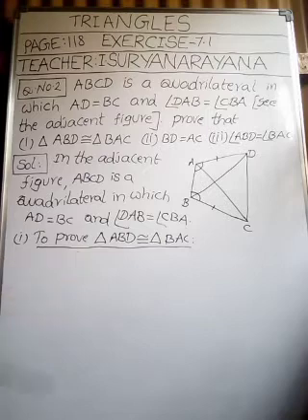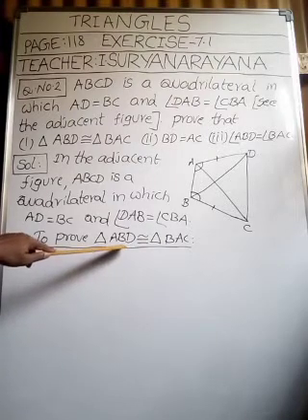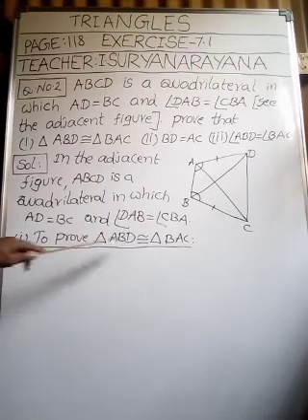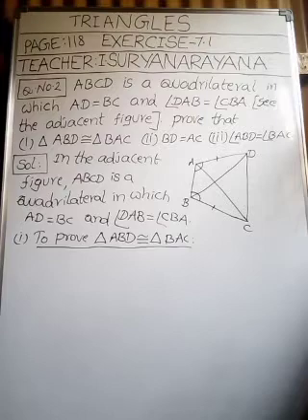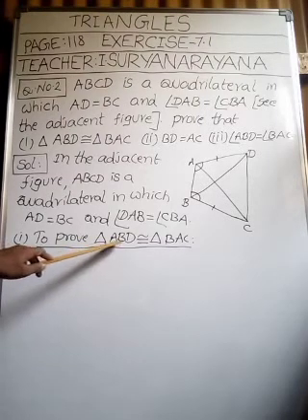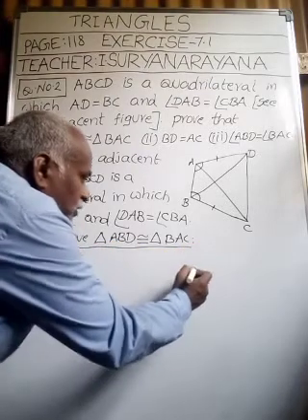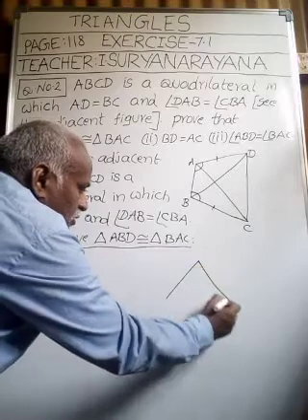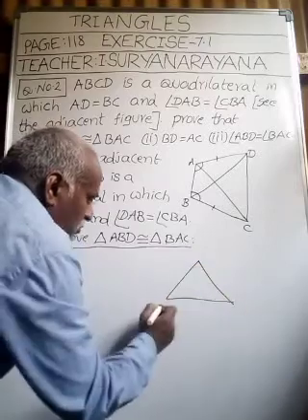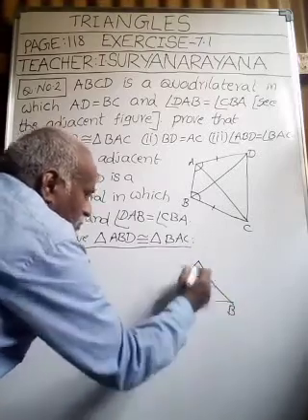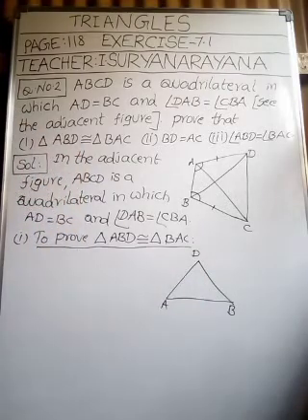Okay, my children, understood? To prove this statement, in this statement itself, we get some hint. What is the triangle here? ABD. So we have to draw triangle ABD side by side in the same order, ABD. Okay, my children?